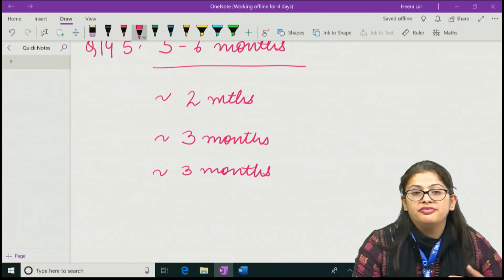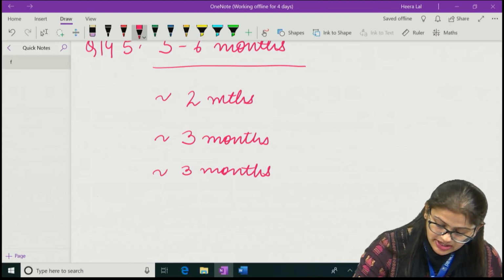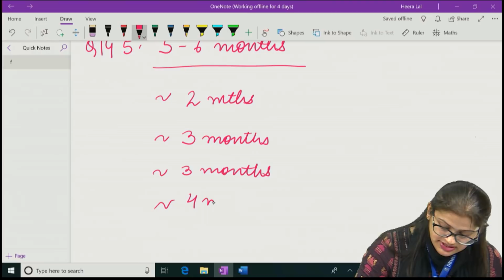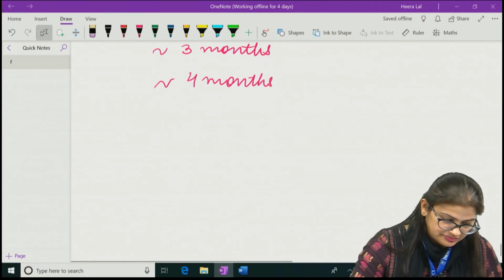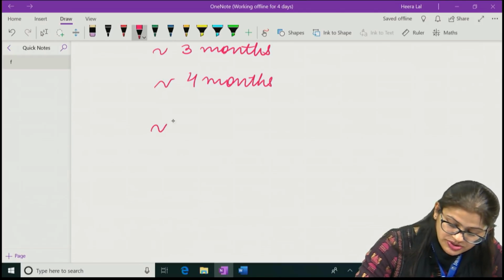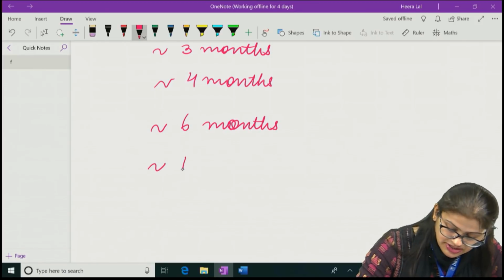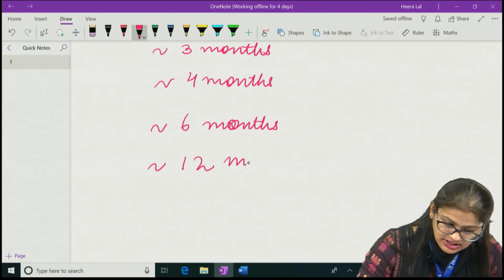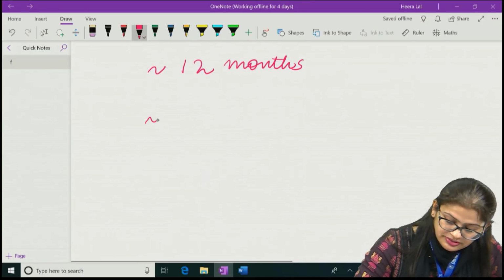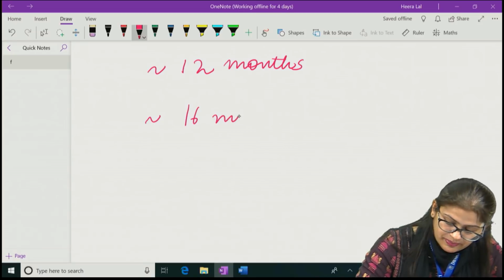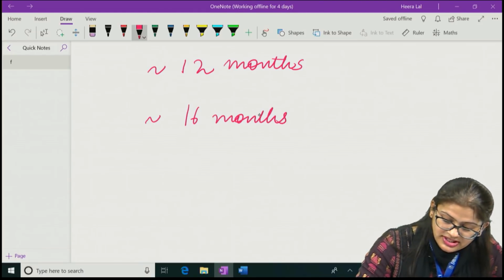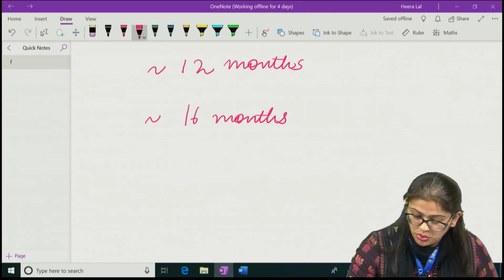Asymmetric tonic neck reflex, or ATNR, gone at 4 months. Sitting without support at around 6 months. Walking alone at around 12 to 13 months. And running at around 16 months. So these are the important milestones up till 2 years of age.